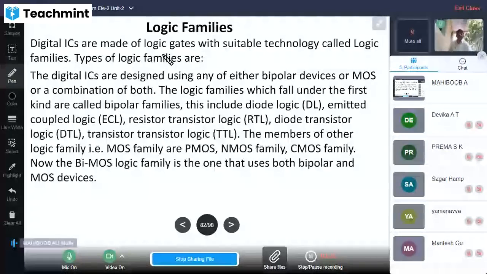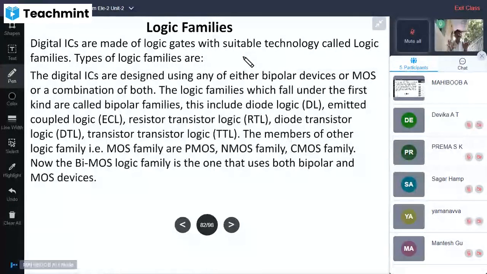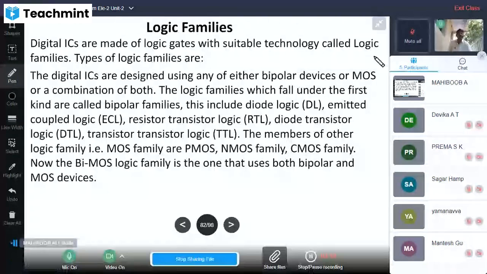These logic gates are fabricated, means designed and manufactured, with a suitable technology called logic families.